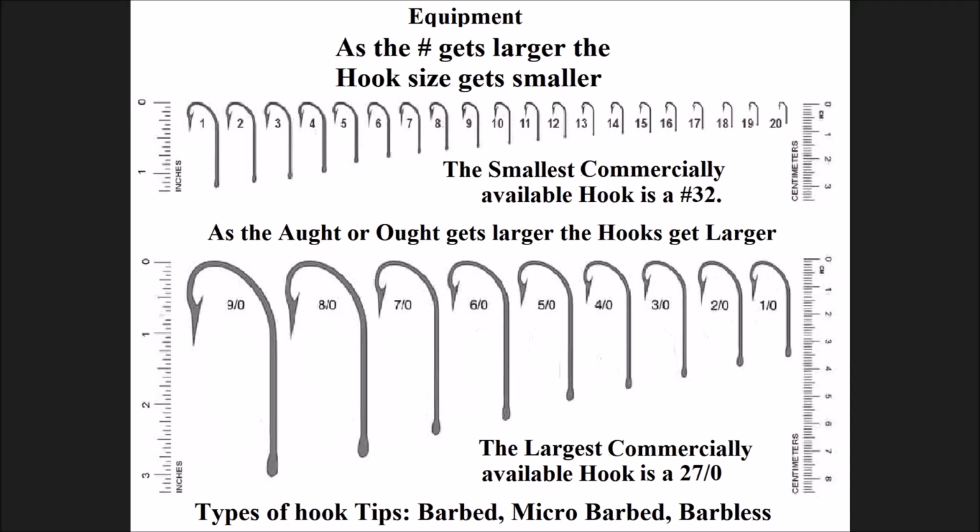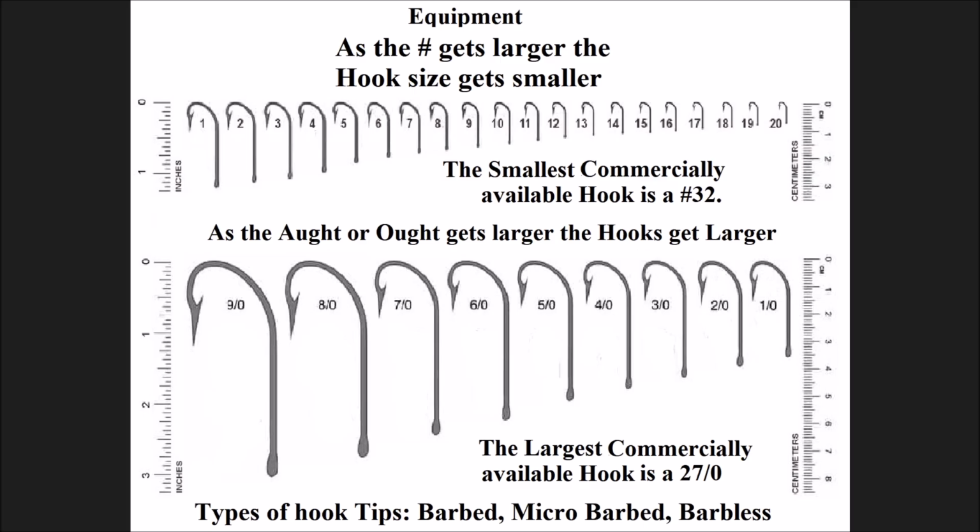Here you see a basic scale. You'll see at the top row, the number 1 hook is much larger than the number 20 hook to the right, while the 9/0 hook on the left is much larger than the 1/0 hook.